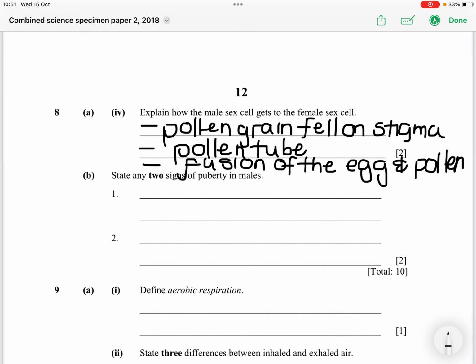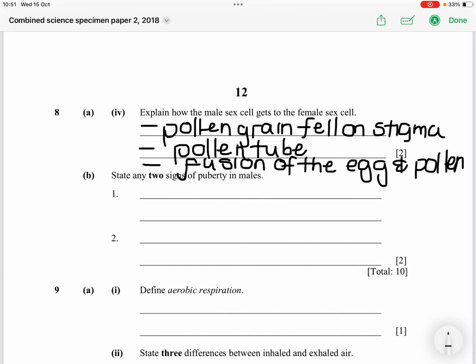So in summary, we are saying the male sex cell, which is the pollen grain, fell on the stigma, releasing the male sex cells which reach over through the style to fertilize the egg. And then on part B, state two signs of puberty in males.